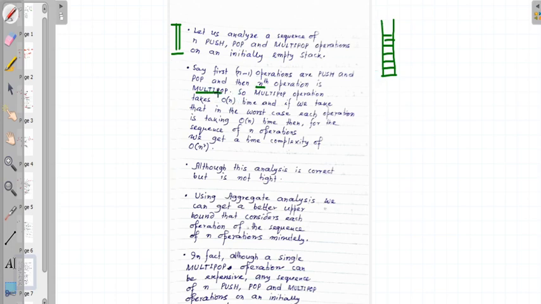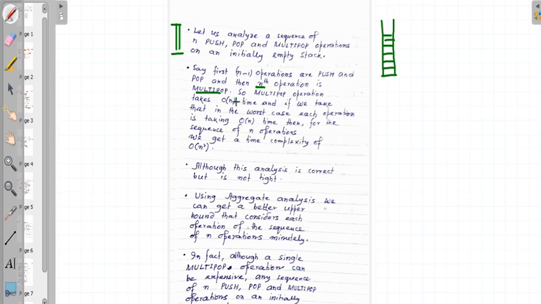Say I am invoking that multi-pop operation. Then can you tell me what will be the time complexity of the multi-pop operation only? I have pushed n minus 1 elements, and then in one go I am popping all n minus 1 elements. So what will be the time complexity of the multi-pop operation only?